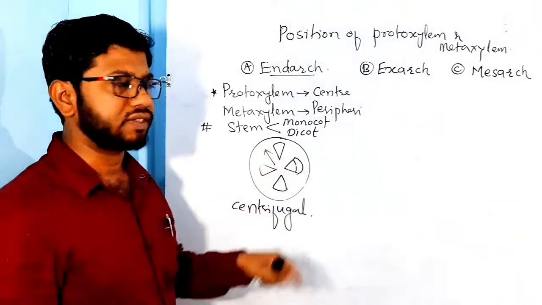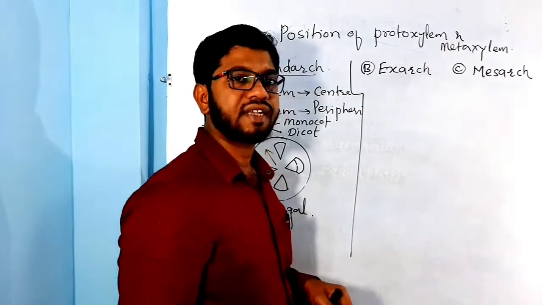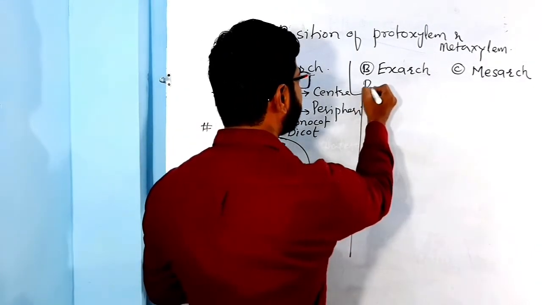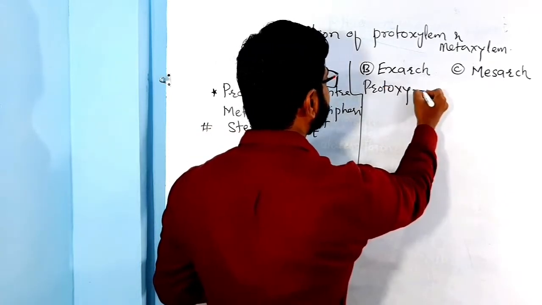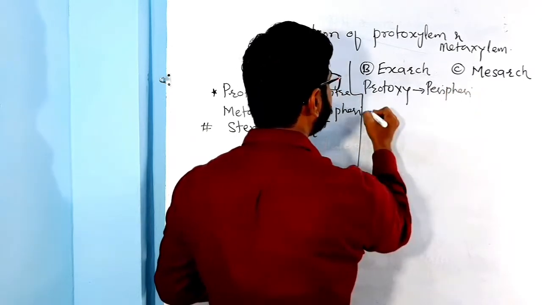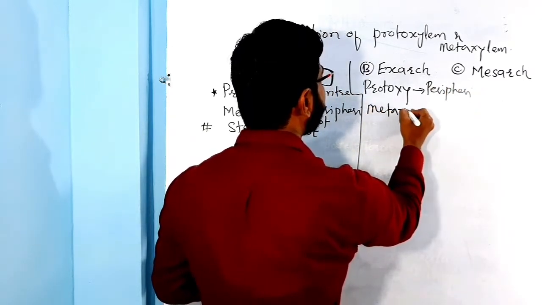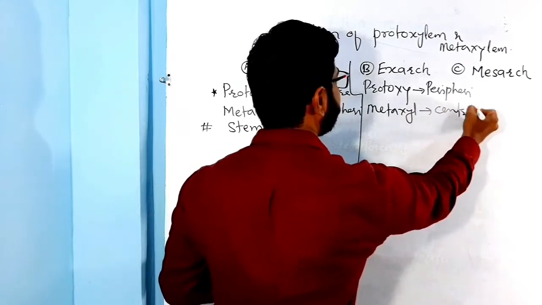In spite of this, consider the exarch vascular bundle. In this exarch vascular bundle, protoxylem lies at the periphery and metaxylem develops at the center.